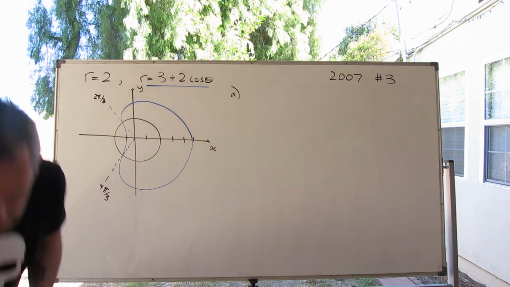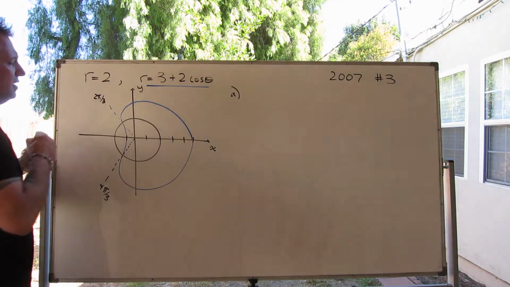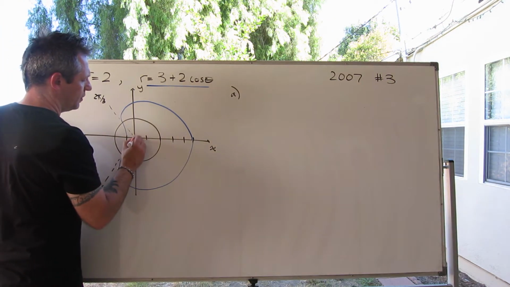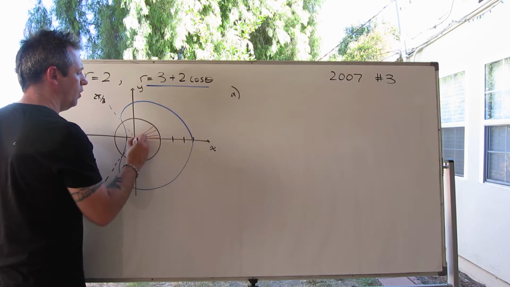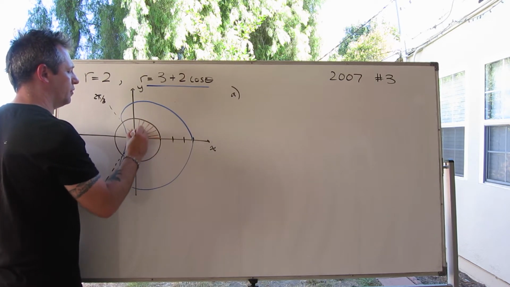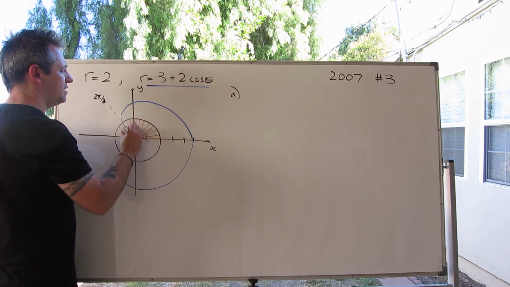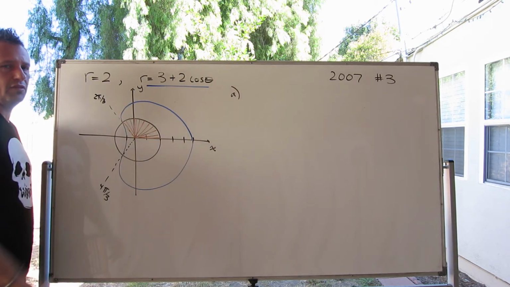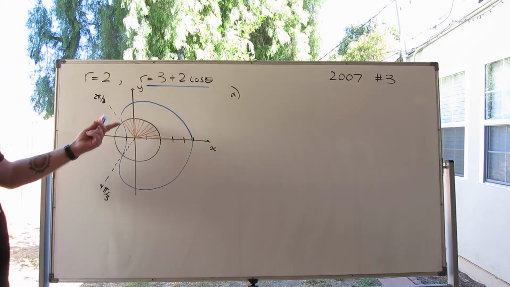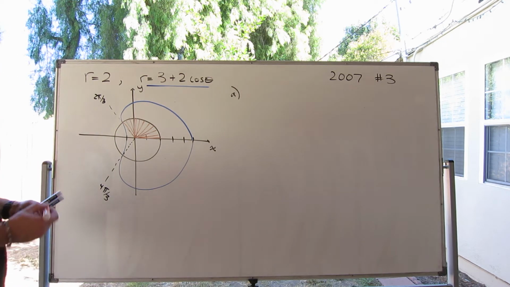So for the first piece of this area, I'm going to realize that as theta goes from 0 all the way to the angle 2 pi over 3, basically all I want is the area of this sector of a circle. That's actually all this is, just a sector of a circle.